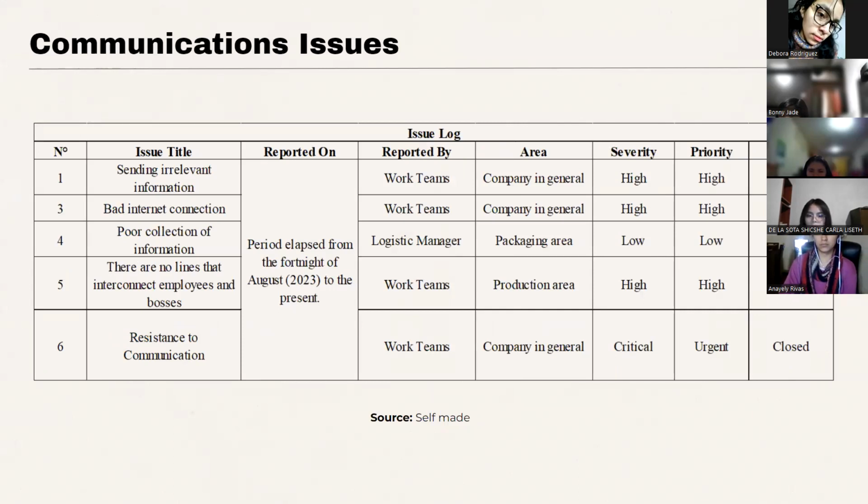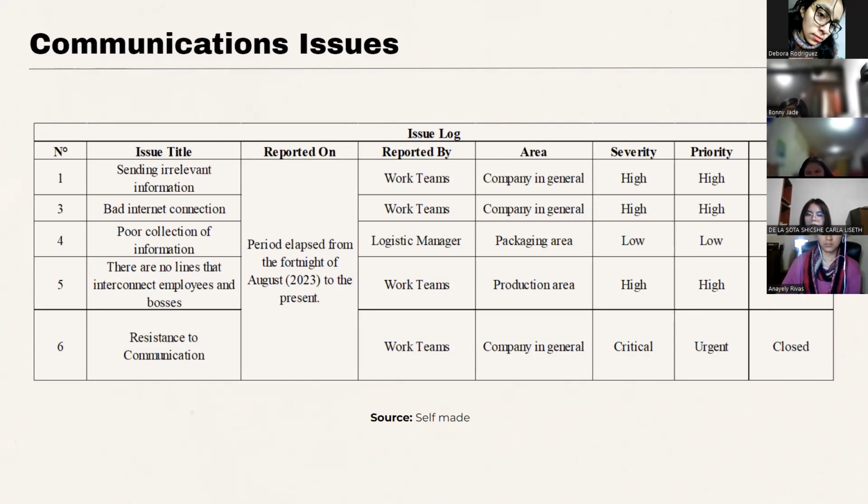So now here we have the communications issues. This refers to the challenges and problems that arise from ineffective or inadequate communications within a project team or between stakeholders. Poor communication can lead to misunderstandings, delays, increased risk, and ultimately project failure.